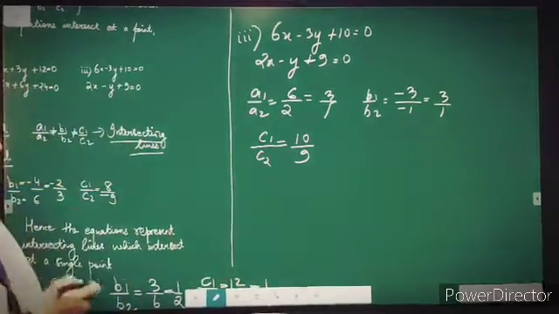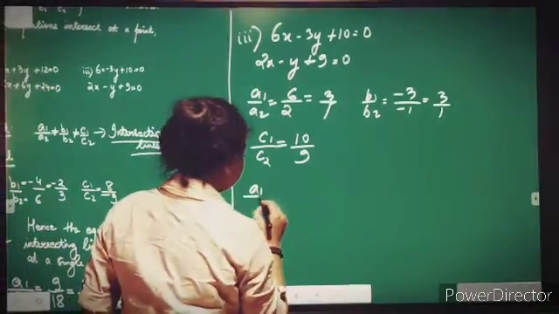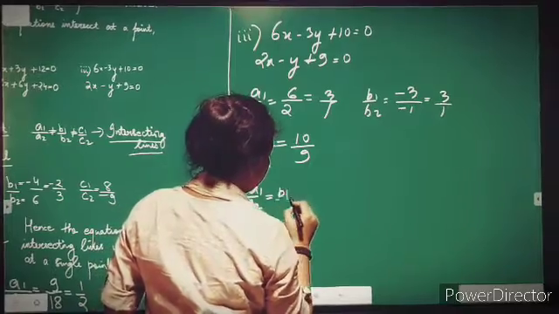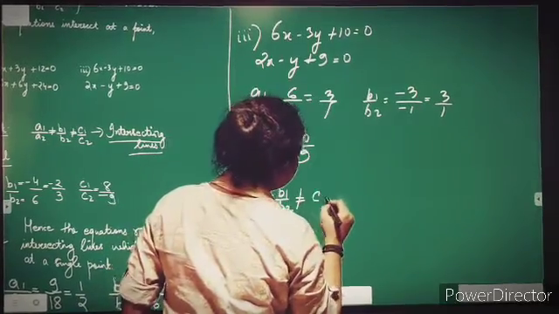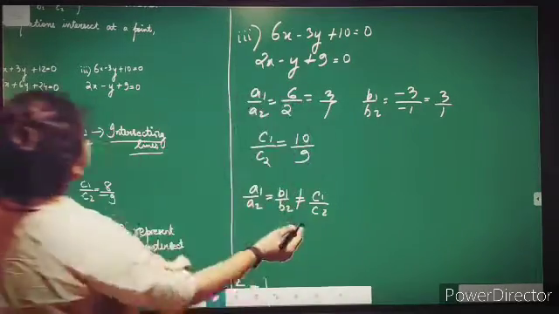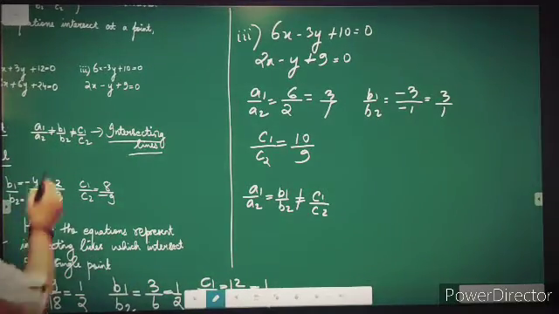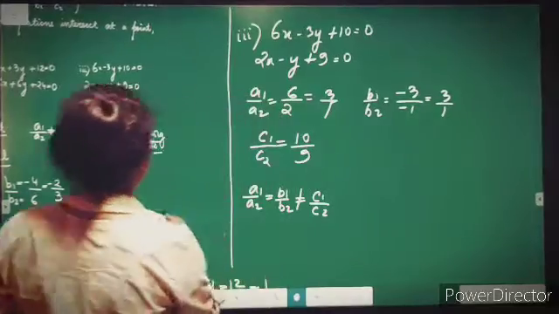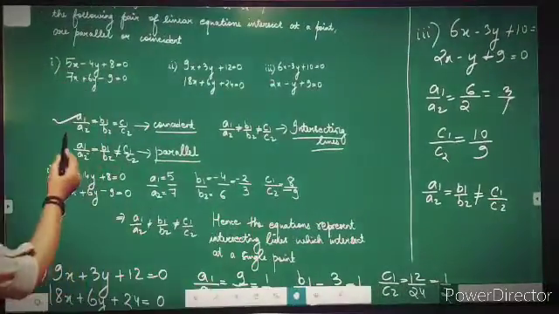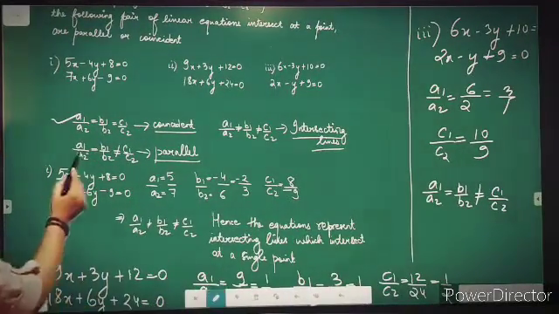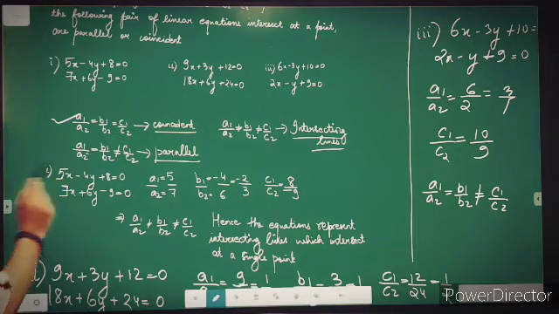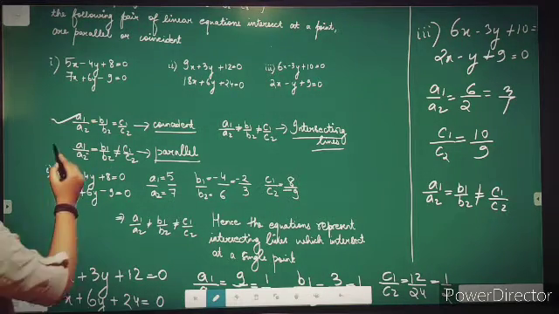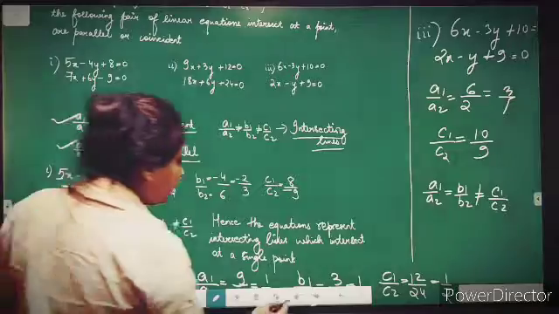See, a1 by a2 is equal to b1 by b2, which is not equal to c1 by c2. This case represents parallel lines. This represents the parallel lines.